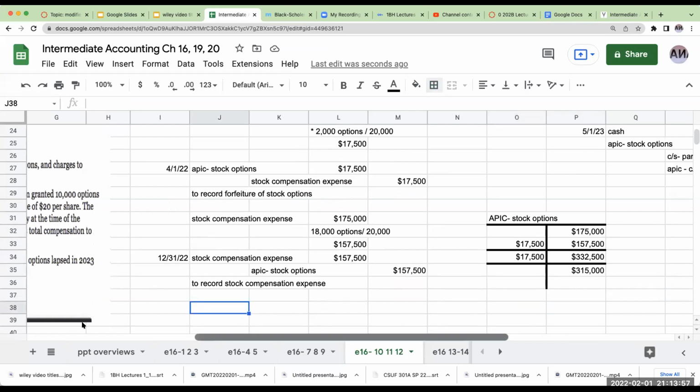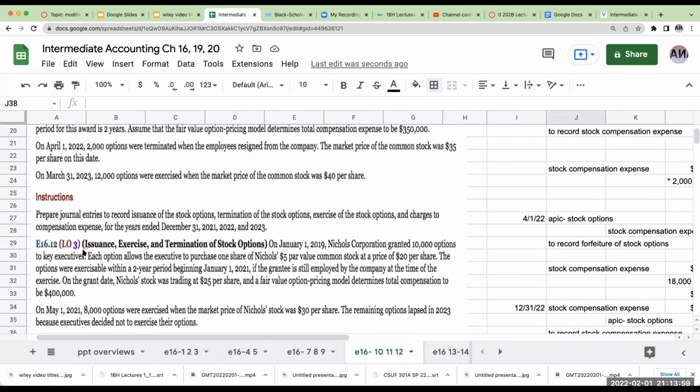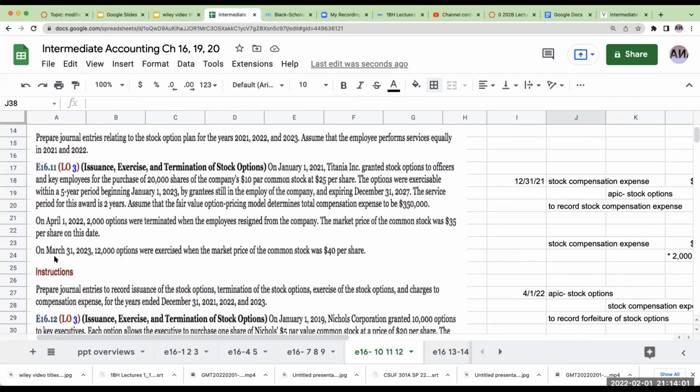Okay. So right over here, it tells us for Titania that on March 31st, 2023, 12,000 options were exercised when the market price was 40 per share. Don't care about the market price. What I do care about is how much cash I am getting as a result of the exercise of the options. The option price is $25 per share.